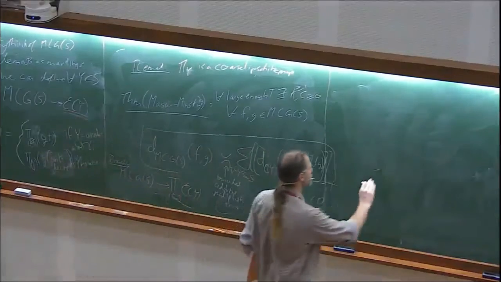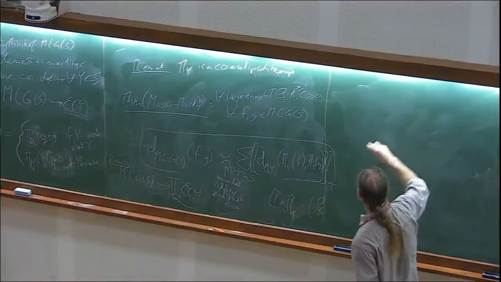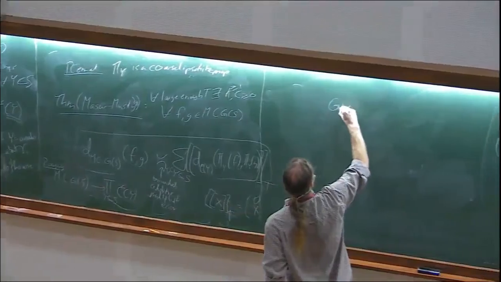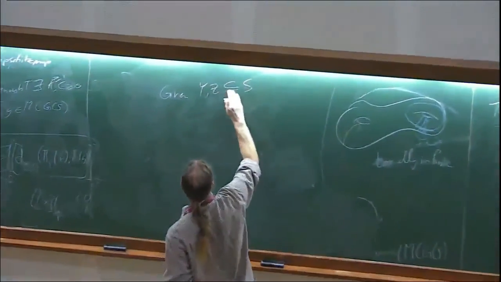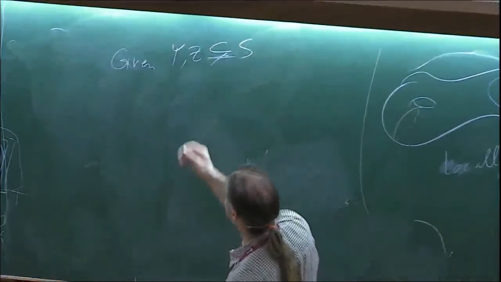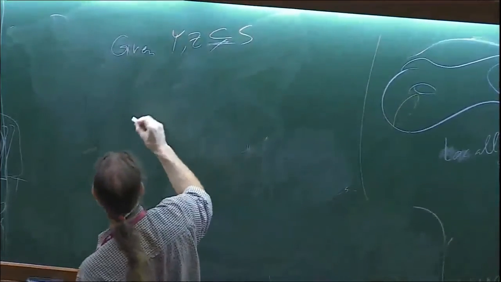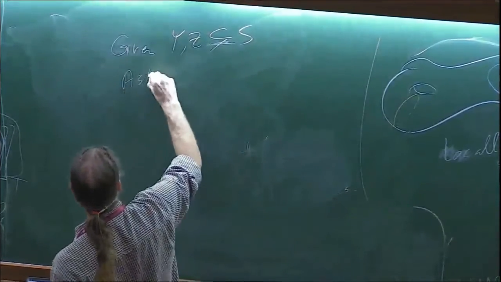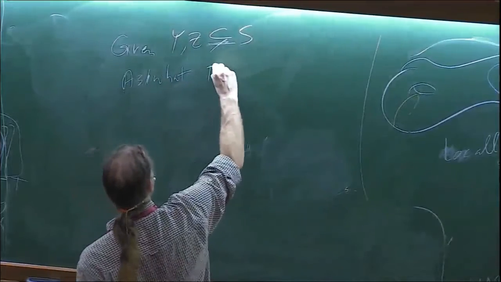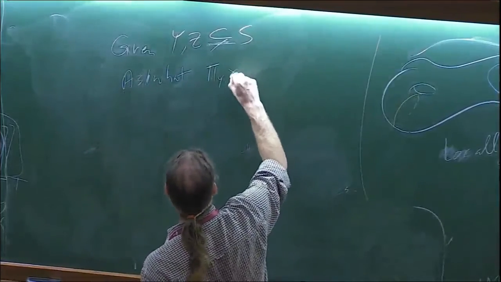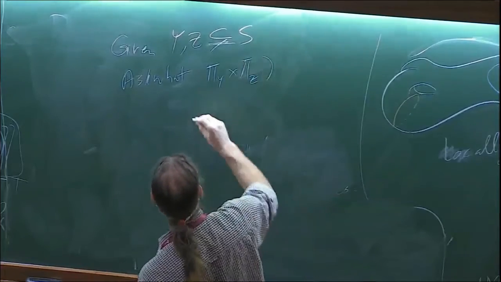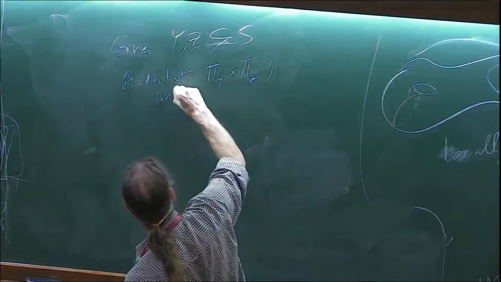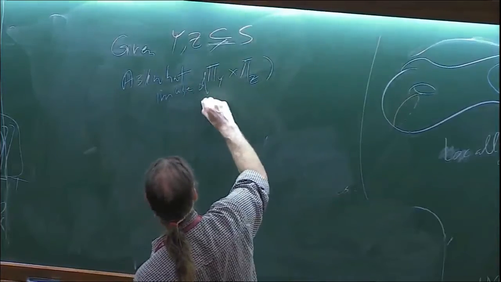So given a pair of Y and Z, which are both strict subsets, so subsurfaces of S, you can ask what the image of the projection to Y cross the projection to Z looks like.